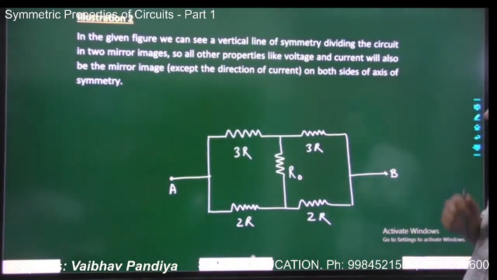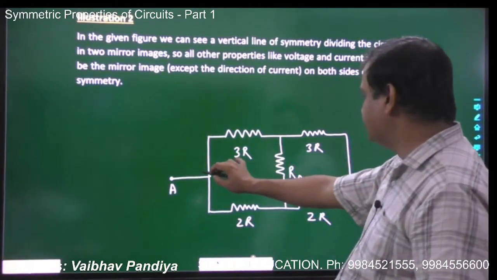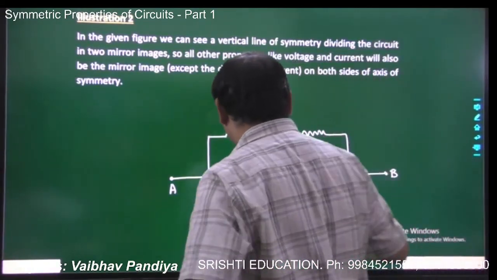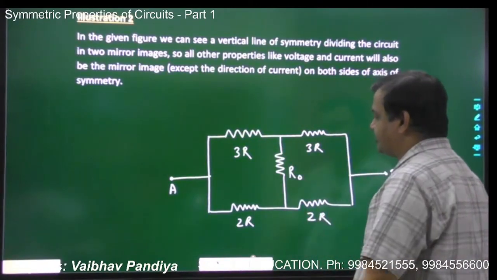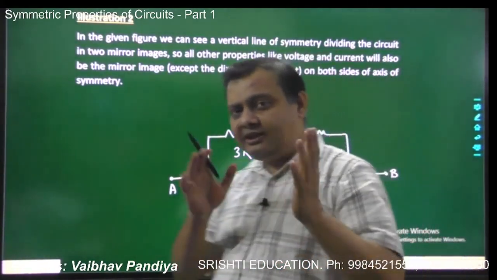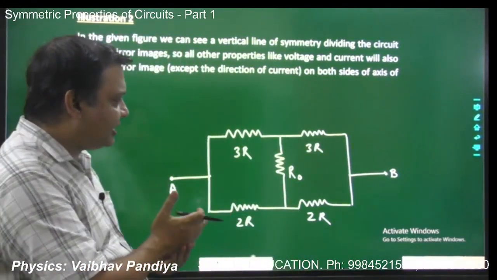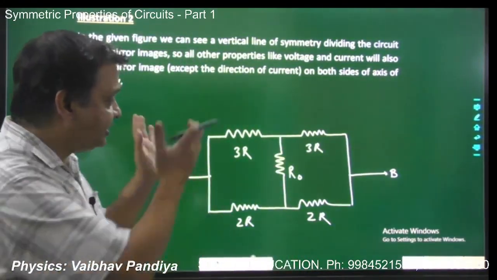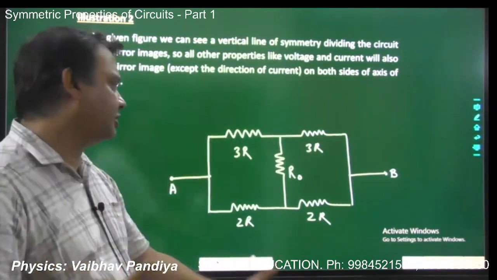Now, if you see the second illustration, here you can see we have an electric circuit with the terminals A and B. And you can see there are resistors 3R, 3R, 2R, 2R, and in the middle there is a resistance of R naught. So just think for a couple of seconds, can you visualize some line or some plane of symmetry in this figure? Is there any line or plane which is dividing the figure in mirror images?